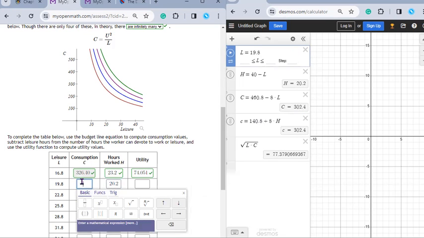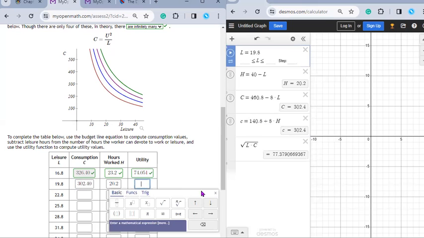In this case, to 302.40. Now my utility has increased. Why has my utility increased? Because at this point, leisure is very scarce. Consumption is not very scarce, but leisure is very scarce, right? So when things are scarce, you tend to value them more than things that are not scarce, right?